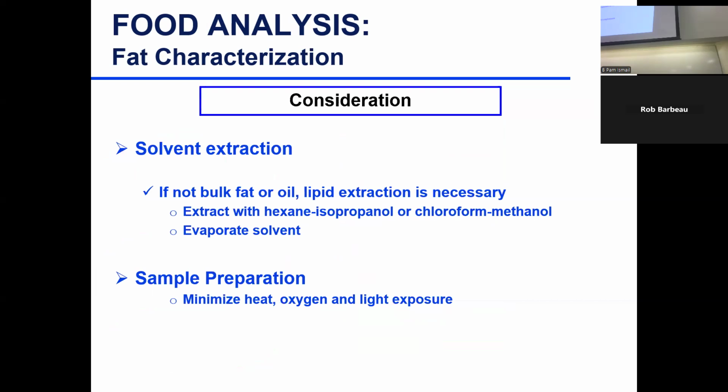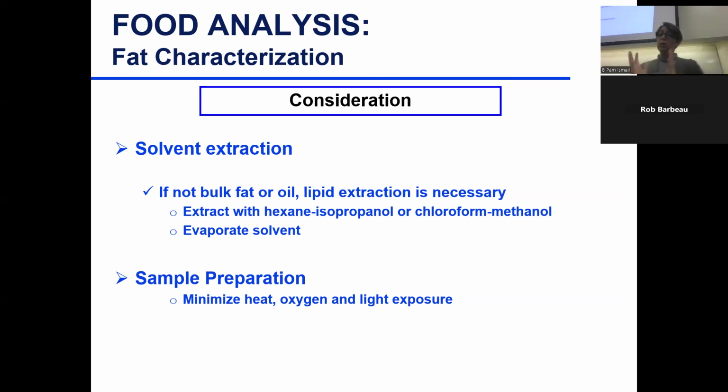If it's not butter, not oil, not lard, but a food product that has fat in it, and you want to determine whether there is oxidation already or the stability of that food product, you get the oil out first. The way we do it is we use a mixture of solvents to get out most of your lipids, the hydrophobic and the partially polar lipids.